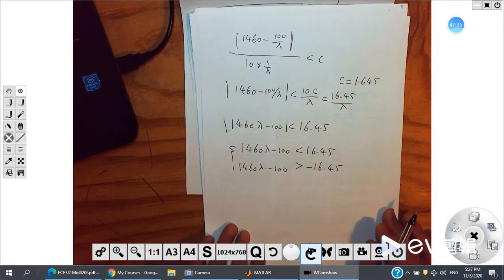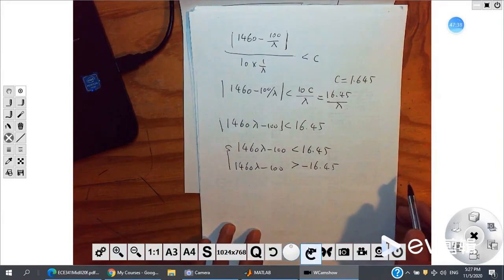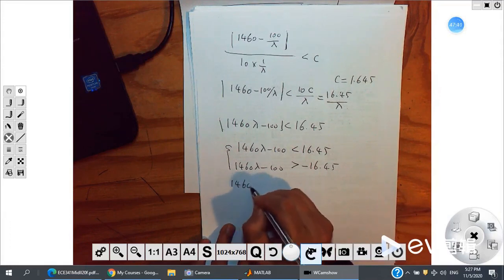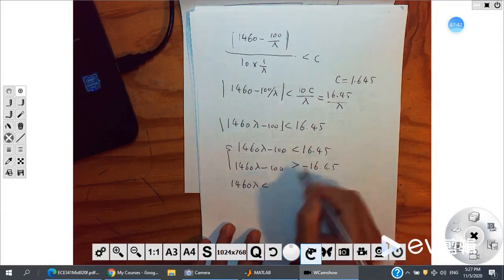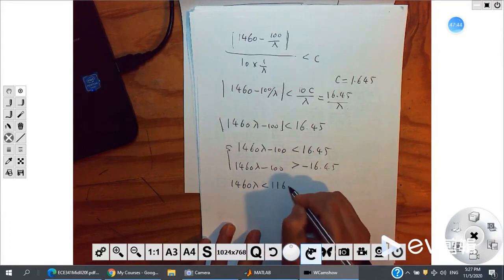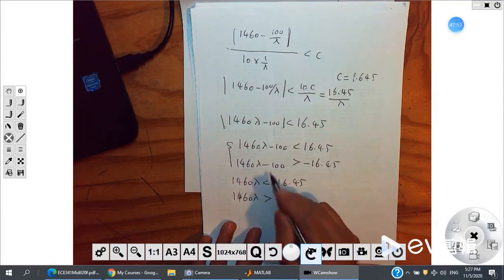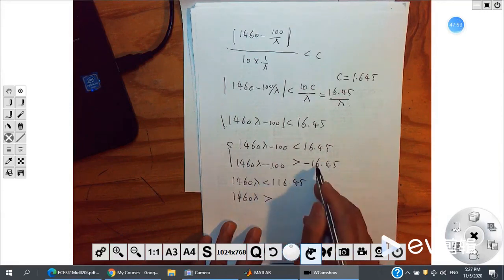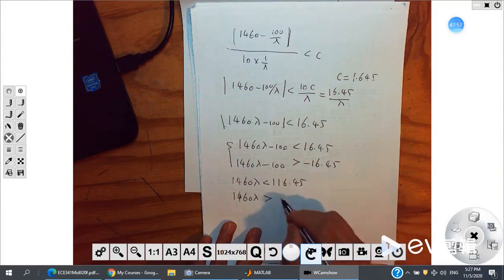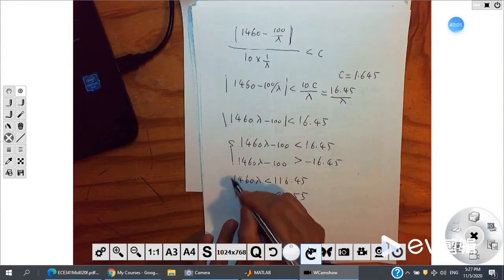Then 1460 lambda is smaller than 100 plus 16.45, and 1460 lambda is larger than 100 minus this, which is 83.55.